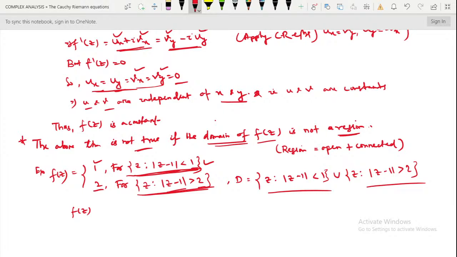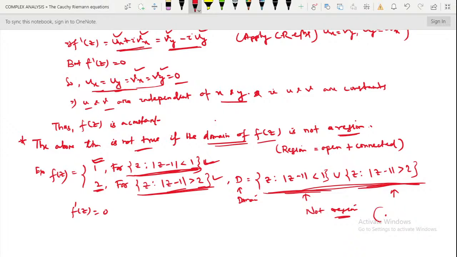Why is it not connected? Suppose this is the coordinate system, with points 1, 2, 3 and minus 2, minus 3.